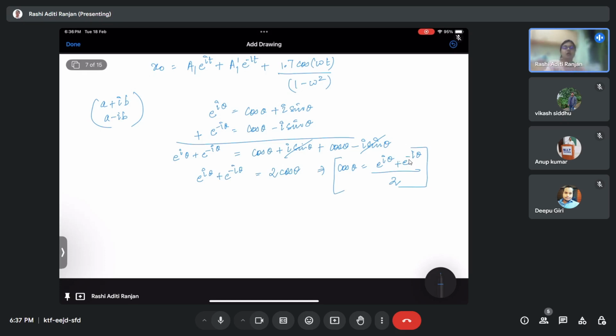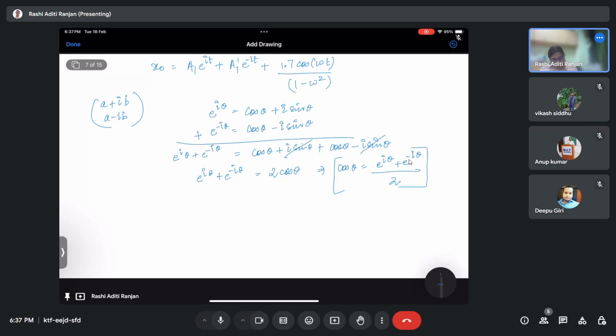We have changed the term cos theta, which is a real value, into the sum of two complex conjugates, e to the power i theta plus e to the power minus i theta divided by 2. Correct? Similarly, you can also convert sine theta.